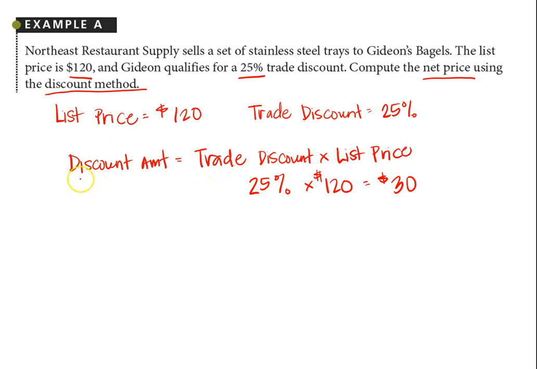This is just the discount amount that we just calculated, but remember it is asking for the net price. If you recall, the net price is simply the list price minus our discount amount.